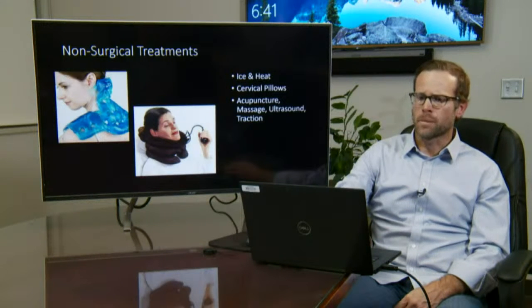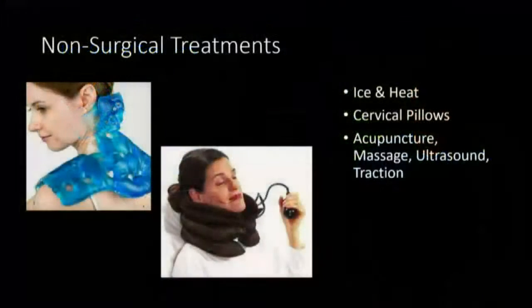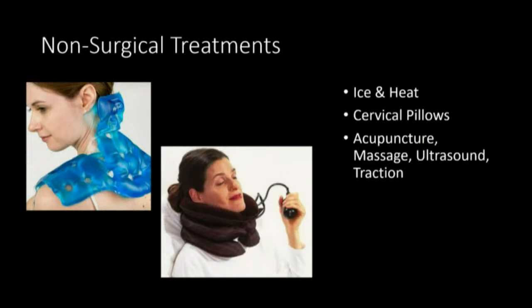So what are those common non-surgical treatments? They really fall into the bucket of, and this is how I talk with my patients, physical therapy, chiropractic treatment, localized modalities like your over-the-counter ice and heat, various cervical pillows, and then acupuncture, massage, ultrasound, traction. You can see some examples here on this slide of all sorts of various ice and heat applications that you can find on the web at Walgreens.